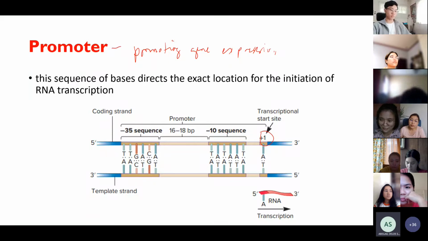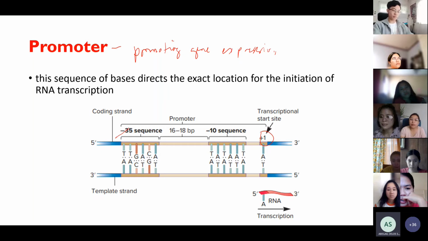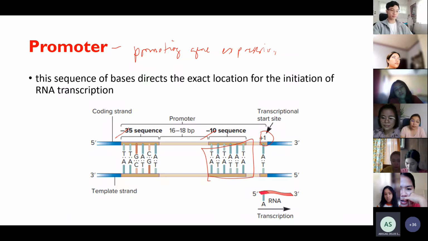So in the top DNA strand, if you can see here, we have the -35 sequence, which is 5' thymine, thymine, guanine, adenine, cytosine, adenine 3'. And the other one is the -10 sequence, which is thymine, adenine, thymine, adenine, adenine, thymine.